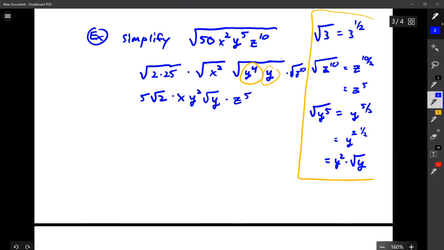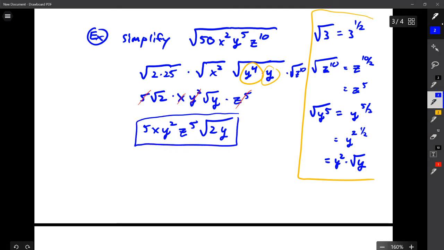How we like to write these is everything that is outside of the square root first, and then everything that is inside the square root all together afterwards. So we would have 5x y squared z to the 5th, using everything that's outside of the square root, then root, and what's inside? 2y. And that's what we would have.